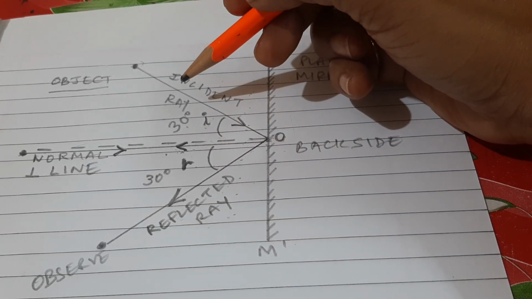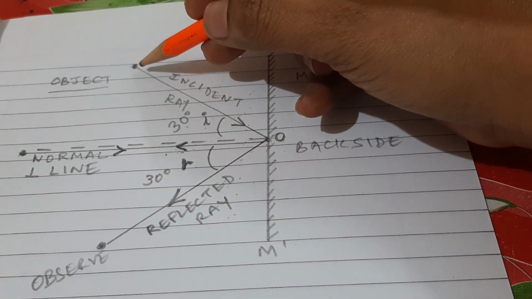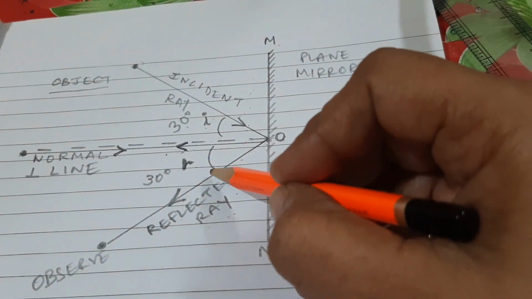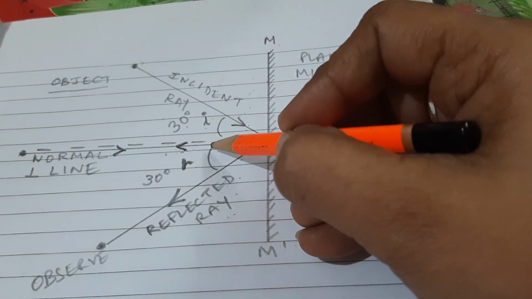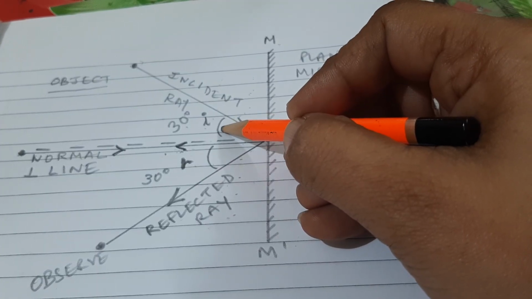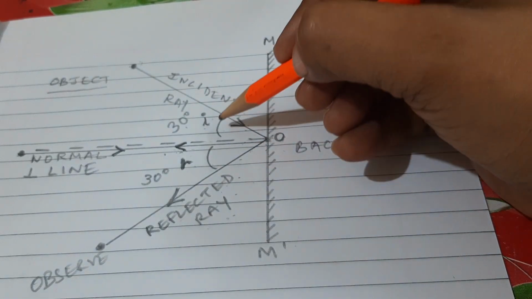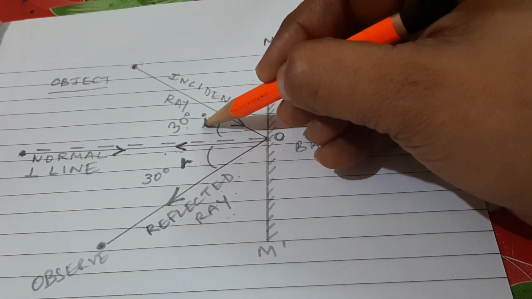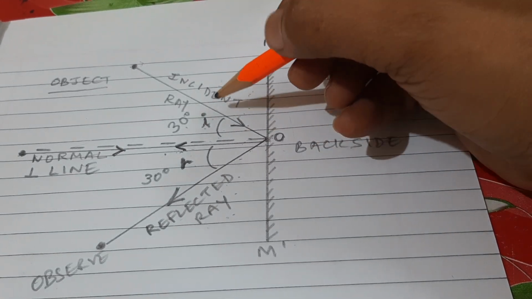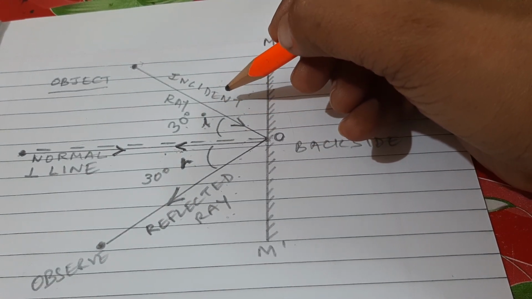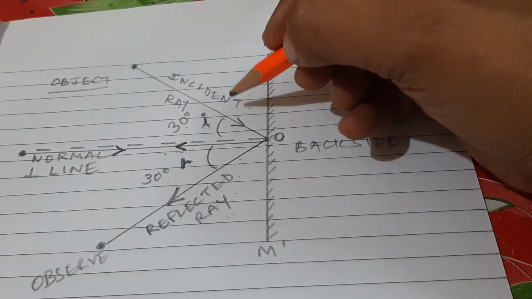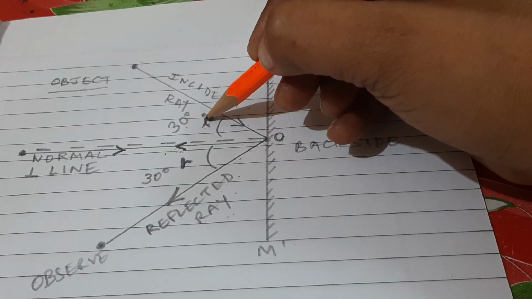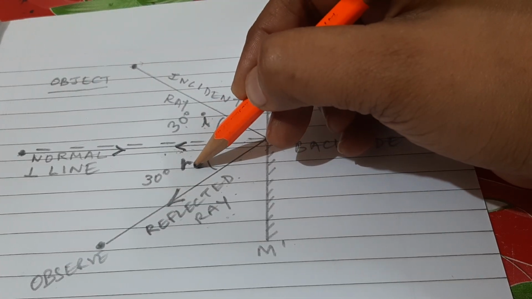The second law of reflection says that the angle of reflection, which is this angle small r, is always equal to the angle of incidence, which is this angle denoted by small i. So according to second law of reflection of light from plane surfaces, the angle of incidence i is equal to angle of reflection r.